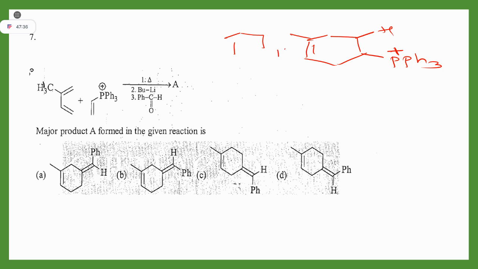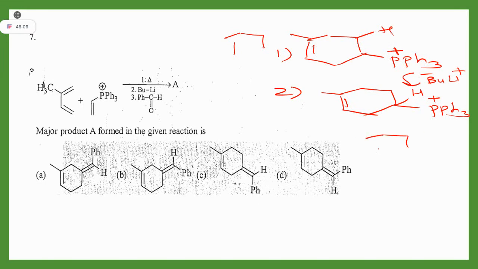First step. Why have I drawn it here only? Because PPh3 also has some sort of electron deficient character, right? In second step, butyl lithium is there. Butyl lithium is nothing but your strong base. Strong base is going to abstract proton from here, correct?